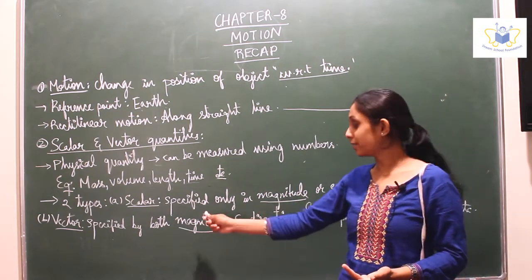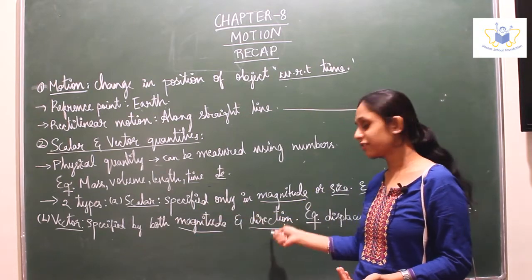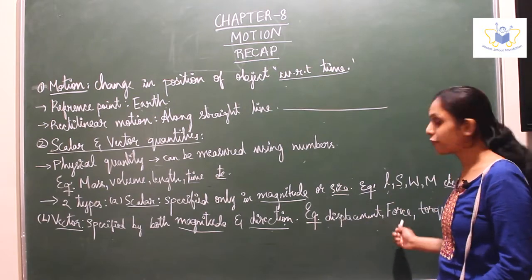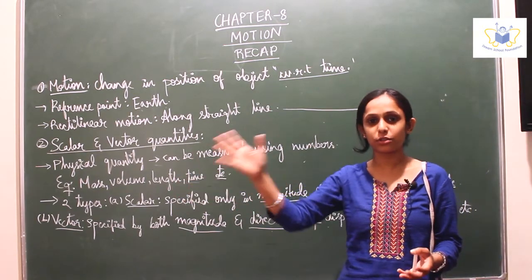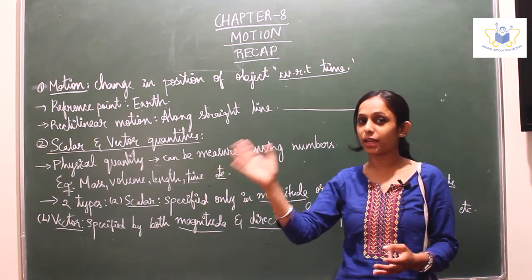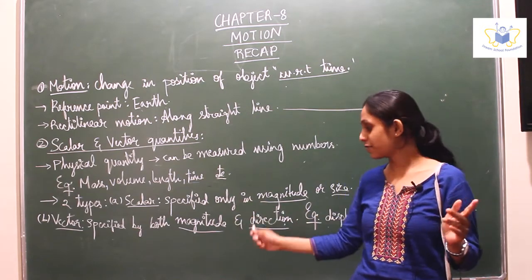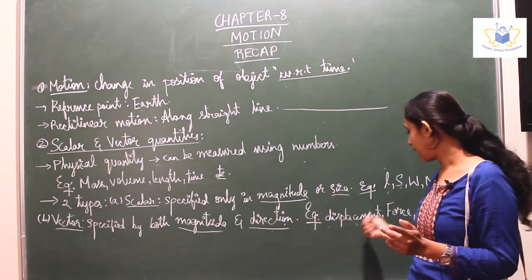Direction. So along with magnitude, you are also defining direction, hence displacement is a vector. Again, force: if you are applying force to your right side, the force is only to your right side. It cannot be in all other directions. So a vector quantity is defined in a direction: right, left, up, down.